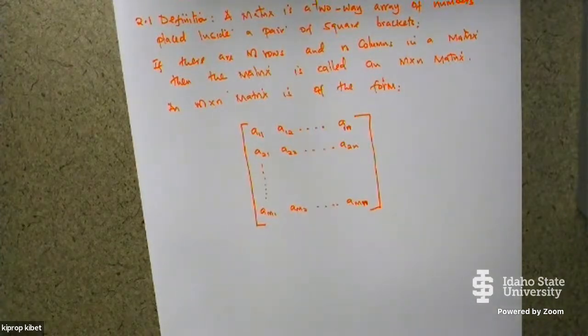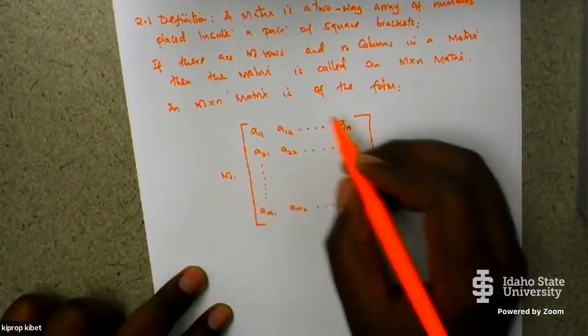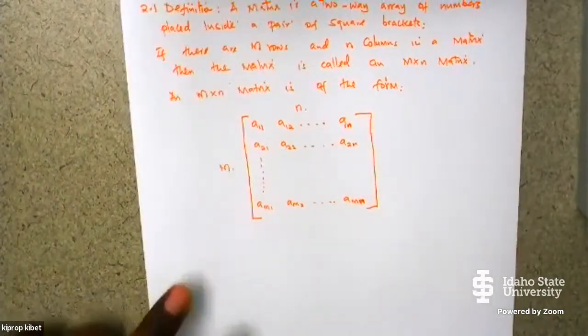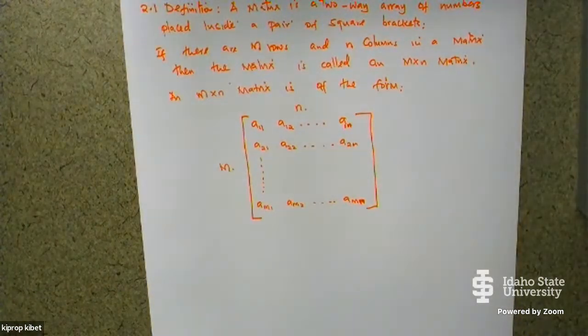So here we have m rows, and then we have the n columns.